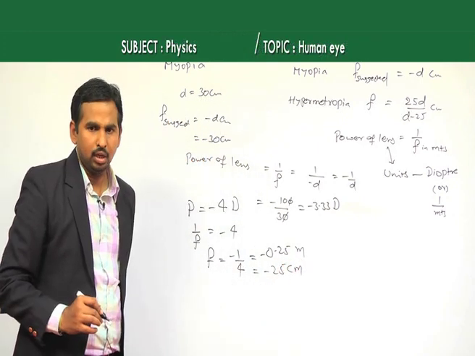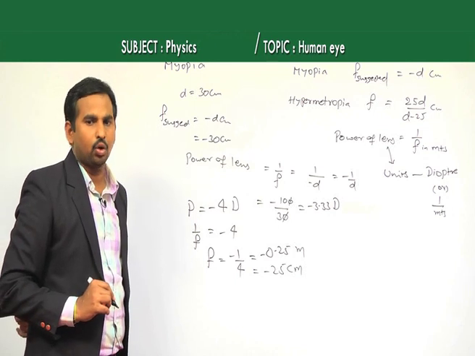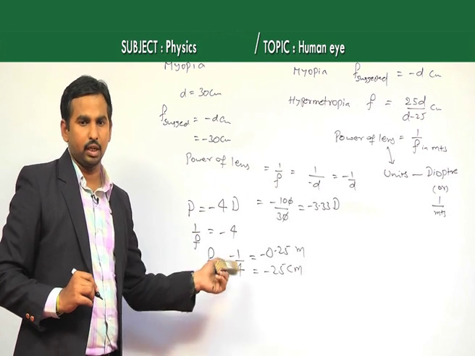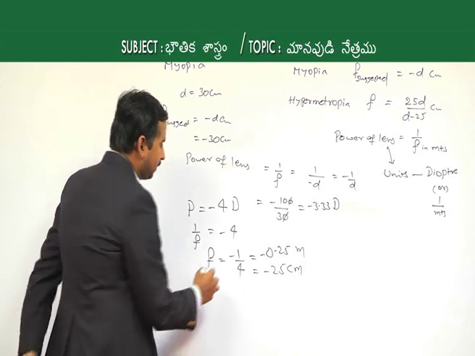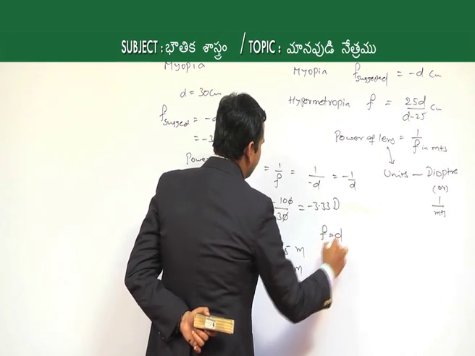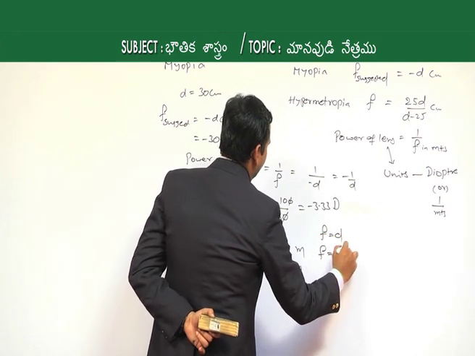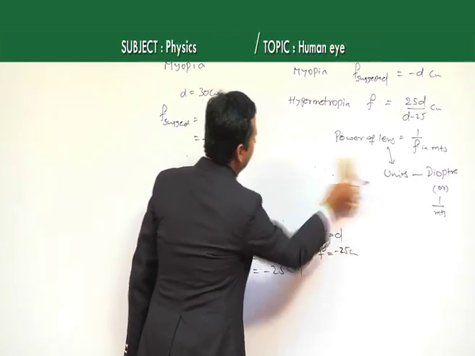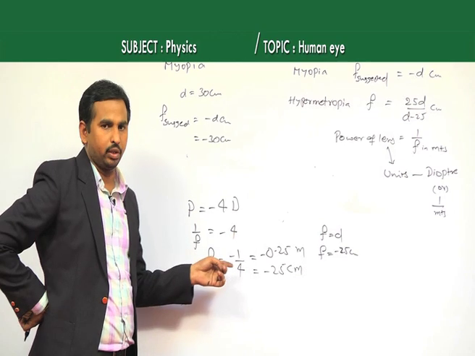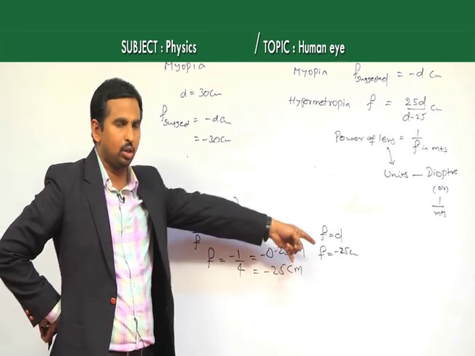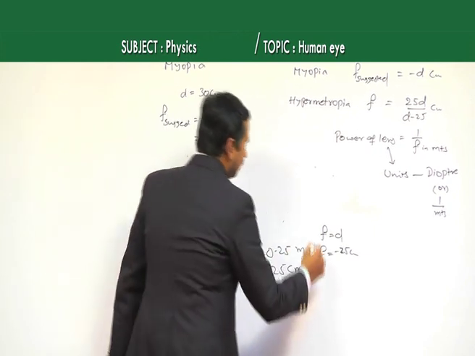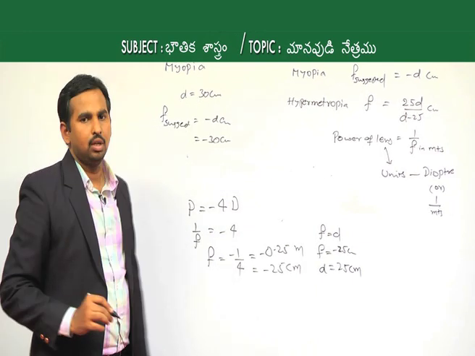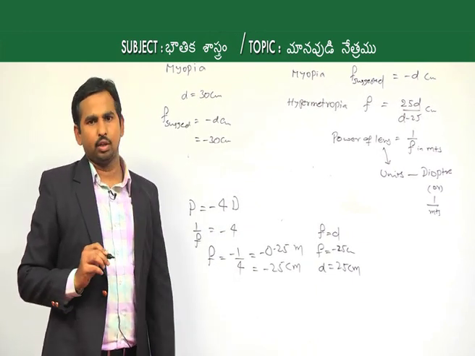The minus represents that we are using a concave lens, and the far point distance is the suggested focal length, because f is equal to d. So the d value we got is 25 centimeters. In that way, if the power of the lens is given, we can also find the far point of the defective eye. This is for the case of myopia.